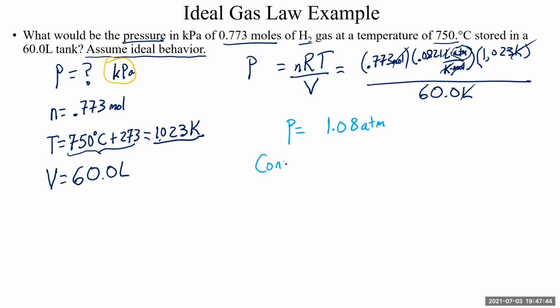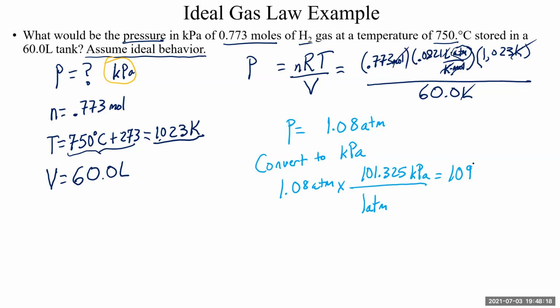Then we have to convert to kilopascals, 1.08 atmospheres. We know that every 1 atmosphere is 101.325 kilopascals. So 1.08 times 101.325 gets us 109.